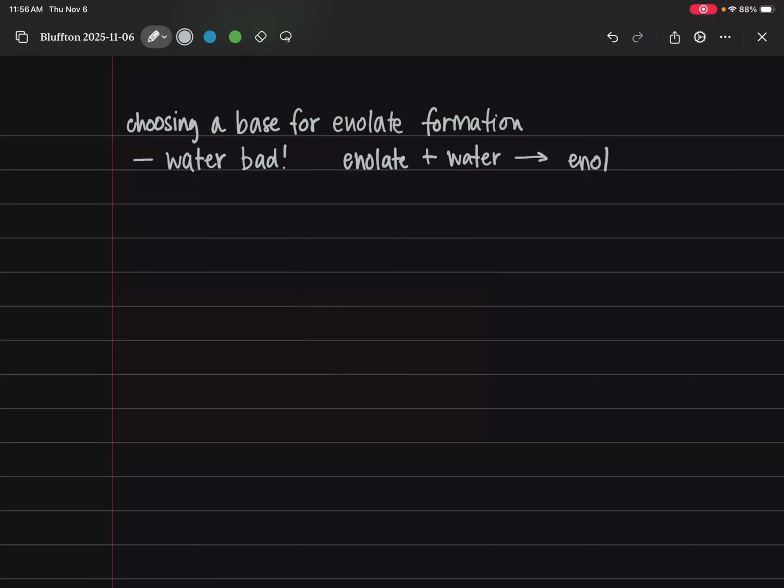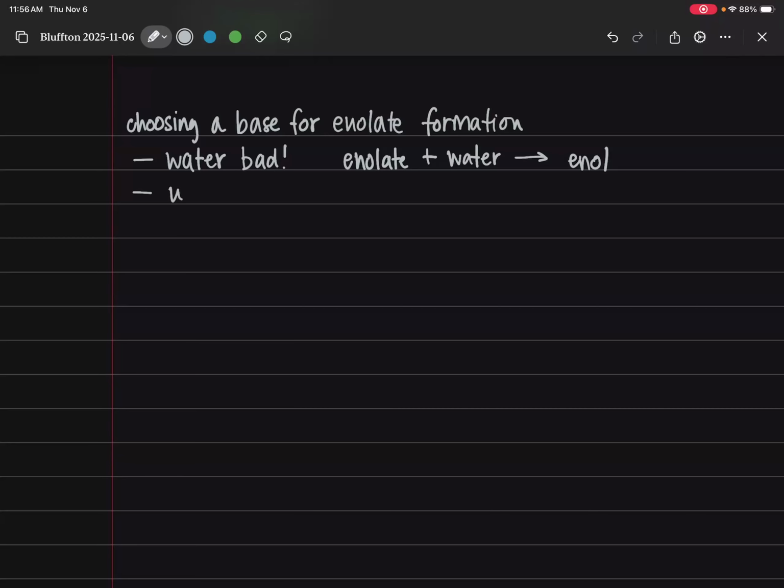So because of that, we want a base that doesn't necessarily rely on water, and more importantly, doesn't pick up a proton to become water. Okay, so I'll show you kind of what that means.